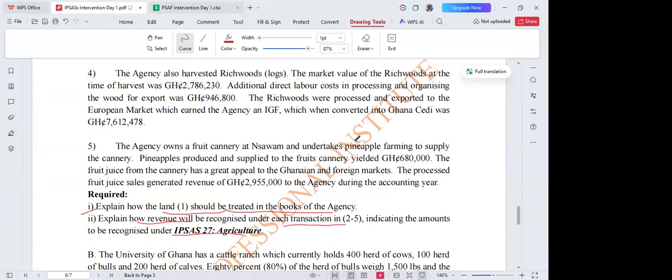Okay, so my question to the class, what will be the revenue in this case? We have solved two questions already. What do you think will be the revenue and why? What is the revenue figure?